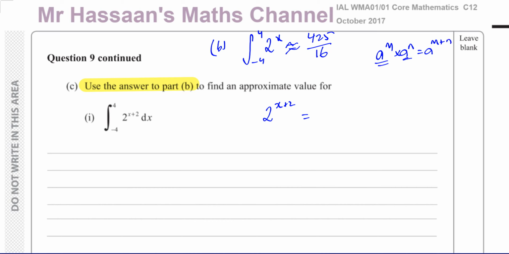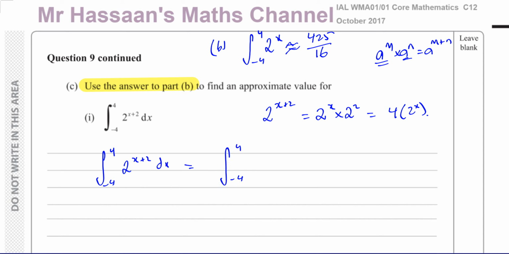So here, this could have started off as 2 to the power of x multiplied by 2 to the power of 2, which is like 4 times 2 to the power of x, because 2 to the power of 2 is 4. So the integral between -4 and 4 of 2 to the power of x plus 2 with respect to x can be rewritten as the integral between -4 and 4 of 2 to the power of x times 4.